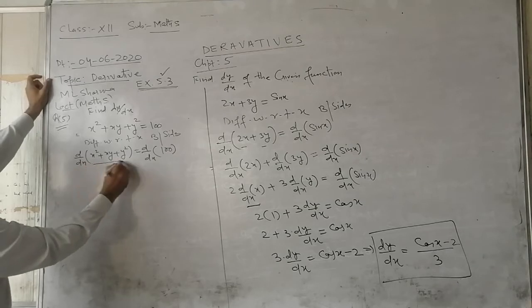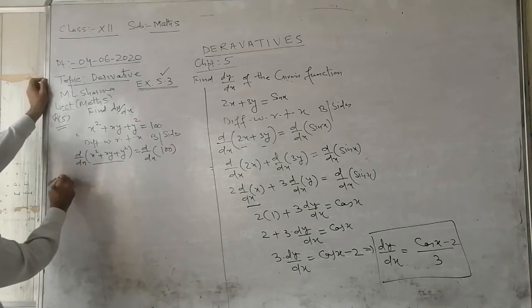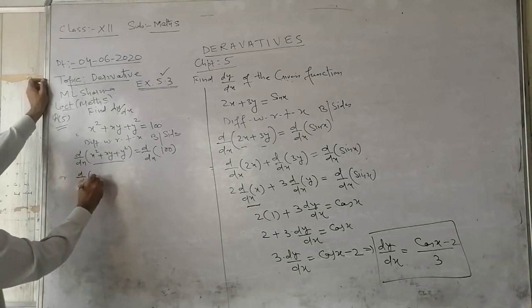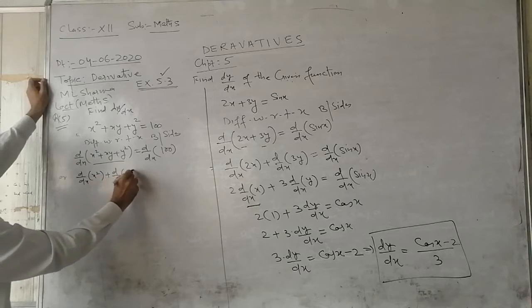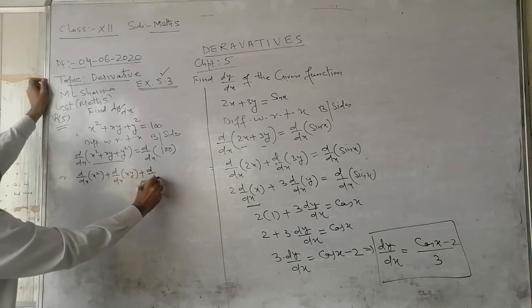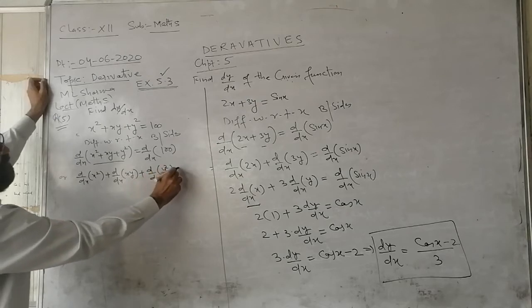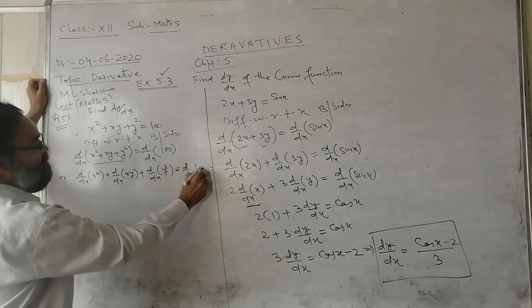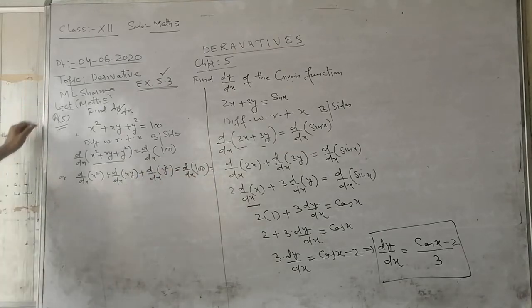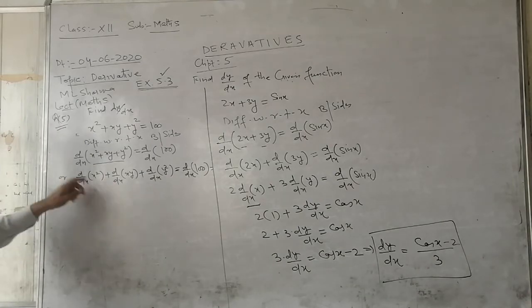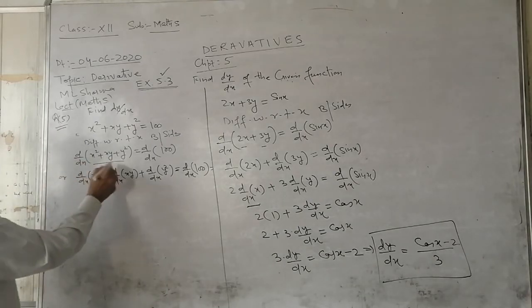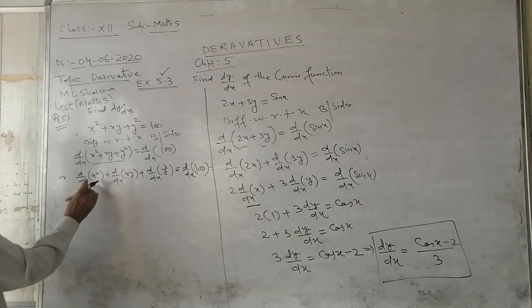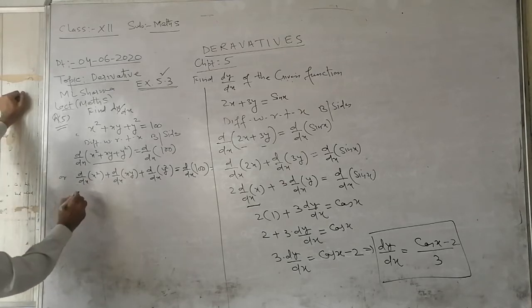Again these can be separated: d upon dx of x square plus d upon dx of xy plus d upon dx of y square will equal d upon dx of 100. So I have separated the terms, and now one by one I have to take the derivative of these terms.